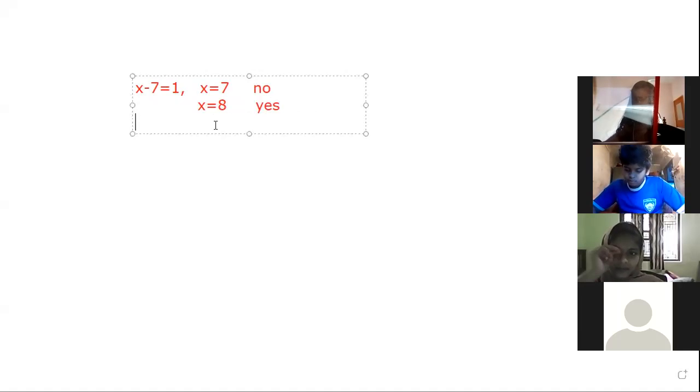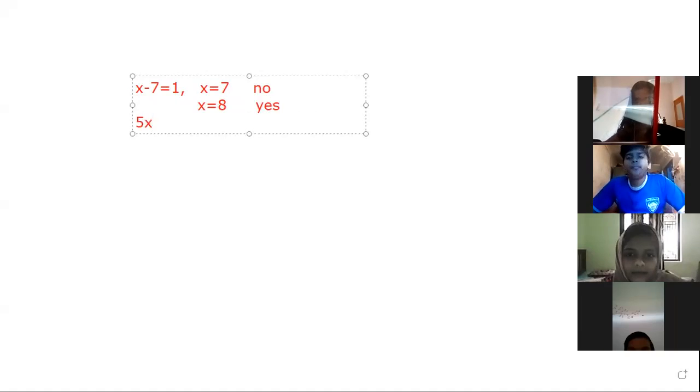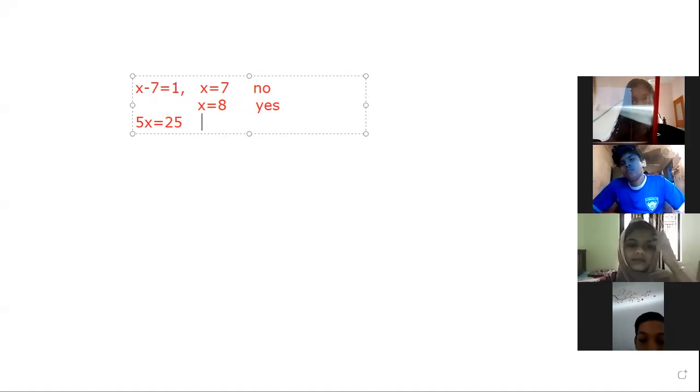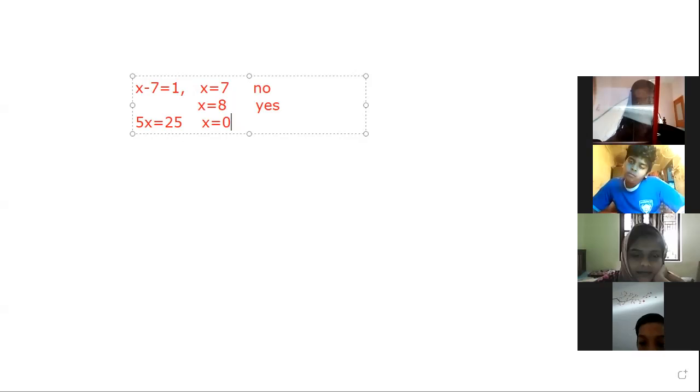And here is another example, 5x is equal to 25, and the value of x is given as 0. Then what happens if x is equal to 0? What is the value of 5x? 5 into 0.